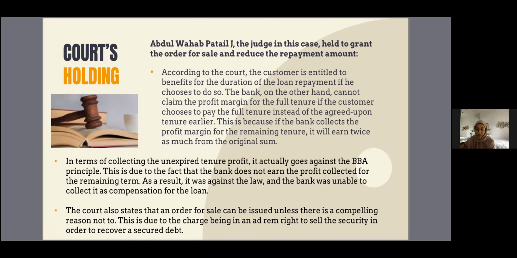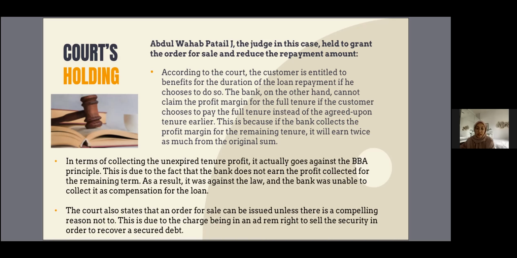This is because if the bank collects the profit margin for the remaining tenure, it will earn twice as much from the original sum. In terms of collecting the unexpired tenure profit, it actually goes against the BBA principle. This is due to the fact that the bank does not earn the profit collected for the remaining term.